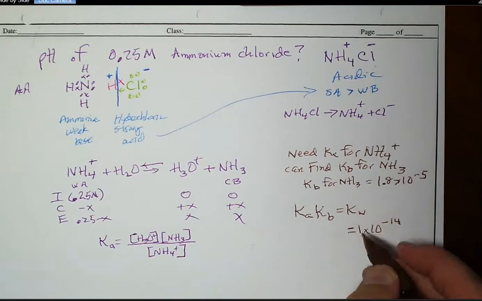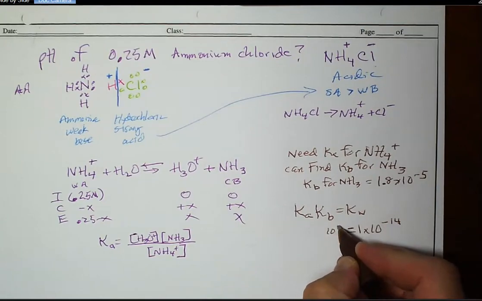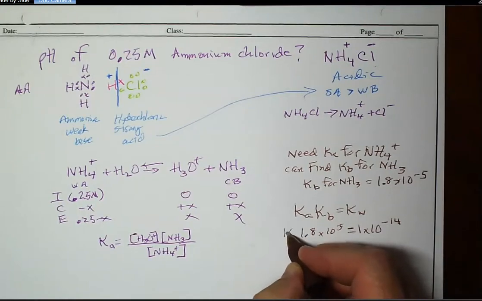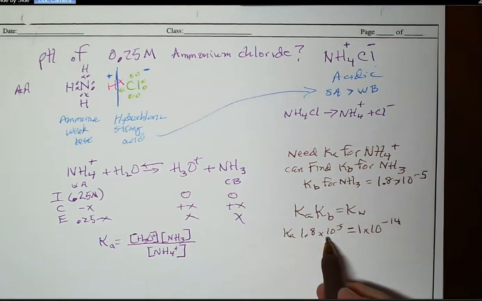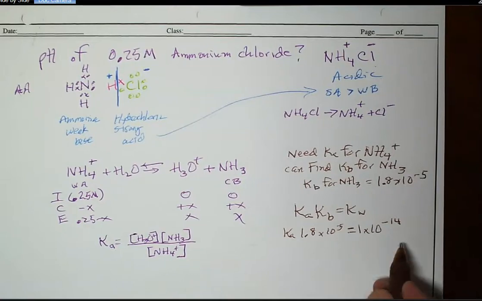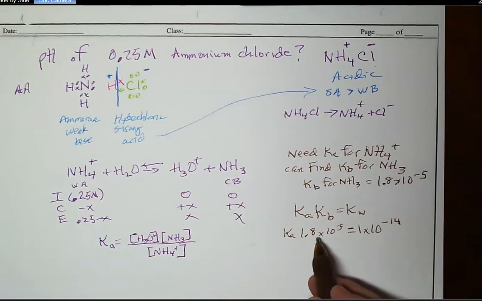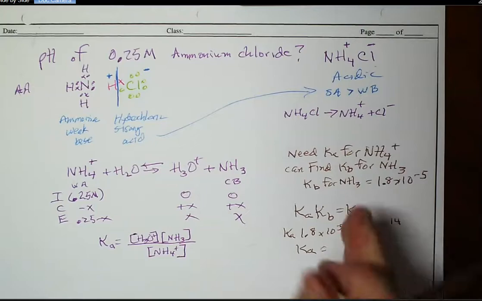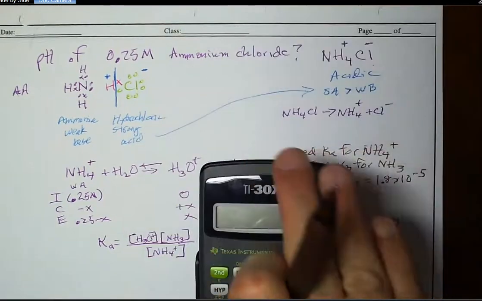Kb here is 1.8 times 10 to the minus 5. So Ka times 1.8 times 10 to the minus 5 equals 1 times 10 to the minus 14. So we'll divide each side by the 1.8. That'll cancel it out on this side. So Ka is going to equal, let's see what we get here.